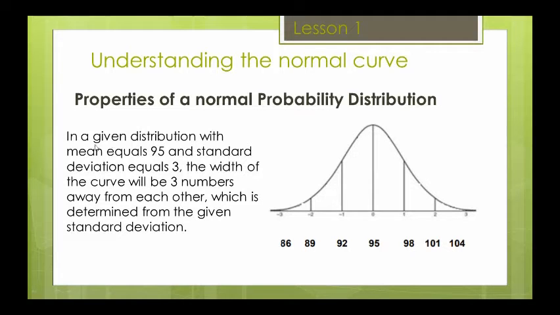In a given distribution with mean equals 95 and standard deviation equals 3, the width of the curve will be 3 numbers away from each other. So from 95 to 98, meron siyang three numbers away from each other. So yan yung standard deviation natin.